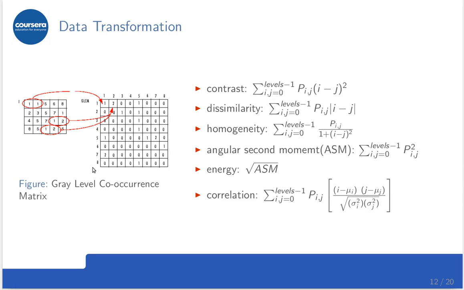The texture features use the gray level co-occurrence matrix, which is similar to a 2D histogram, and after generating this matrix you calculate the contrast, dissimilarity, homogeneity, angular second moment, energy, and correlation.